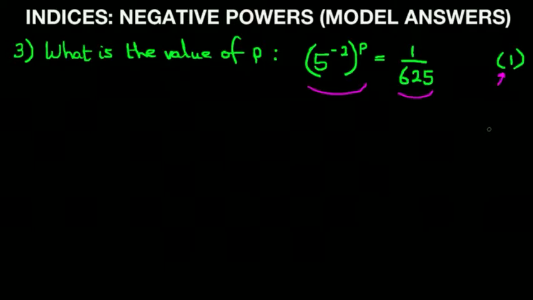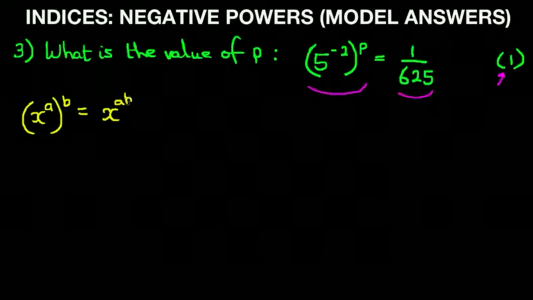Now let's have a look at the first part of this equation. 5 to the power of minus 2 brackets p. Now we know from our previous tutorials that if we have x to the power of a, brackets, to the power of b, this simply equals x to the power of ab. We multiply them together. I'm just going to circle this rule.